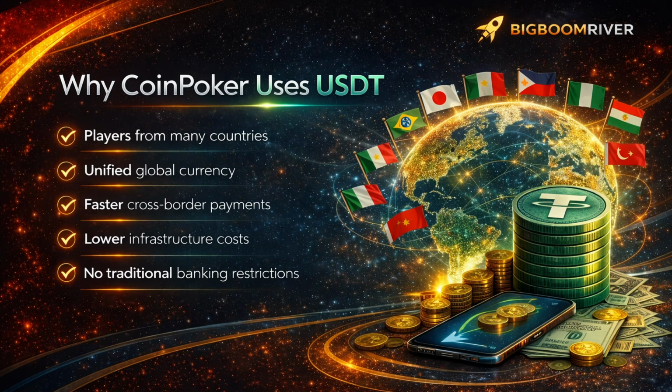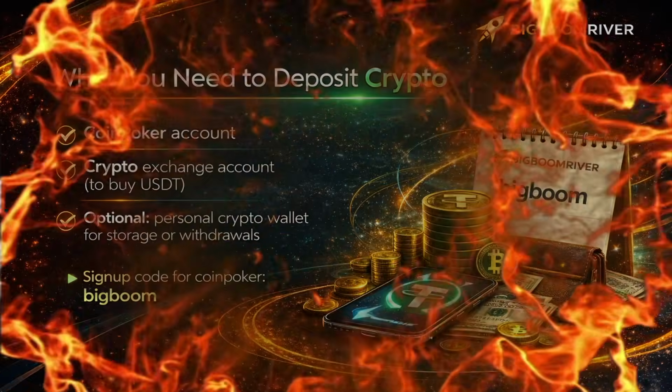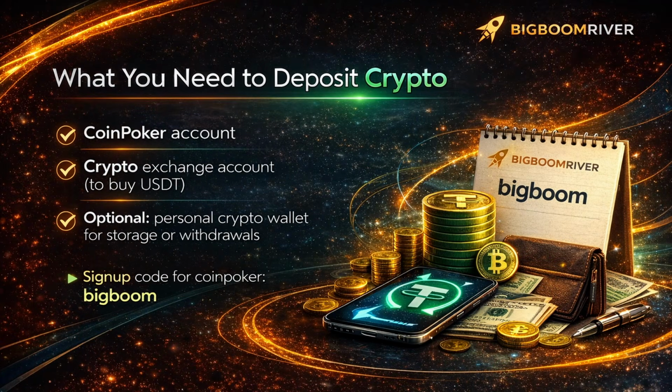It enables faster international deposits and withdrawals, reduces operational cost, and avoids many traditional banking restrictions. In short, USDT allows CoinPoker to function as a truly global poker platform, and that's why it's used as the main playing currency. Before we start the deposit process, let's quickly look at what you need.